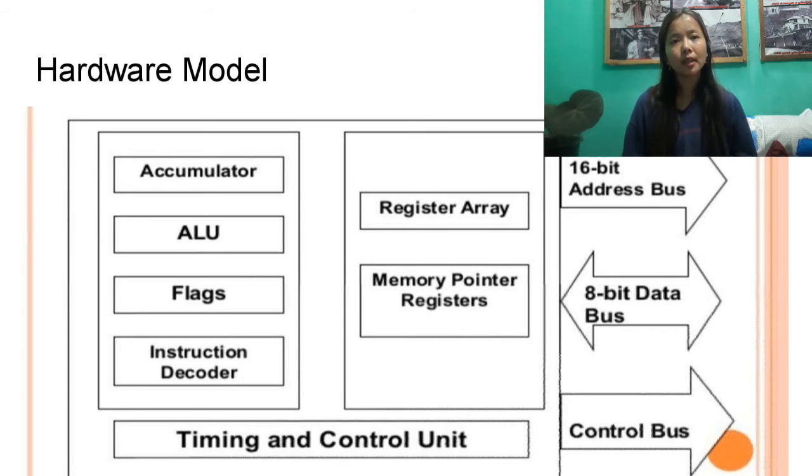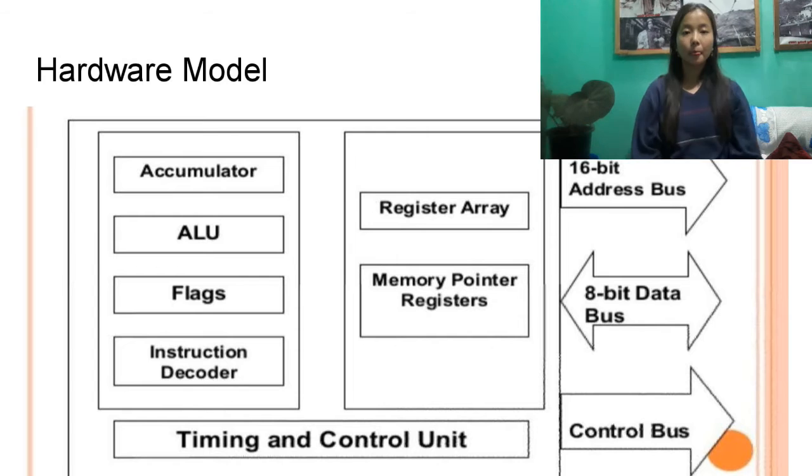In order to complete the 64 kilobytes, we need two chips of 32 kilobytes. Whether it is getting the data from one chip or from another, the information is given by the memory pointer register. In other words, the memory pointer register fetches the information on which chip number it is collecting the data from.